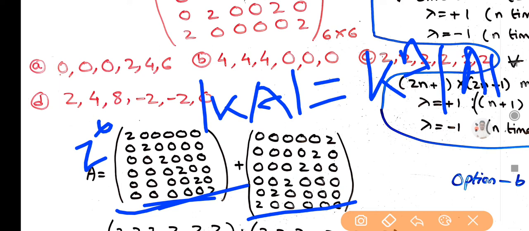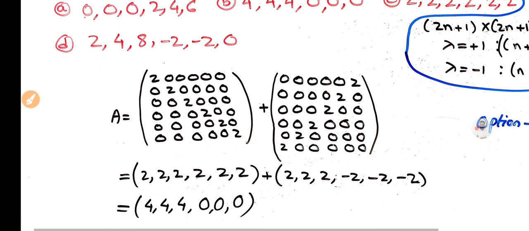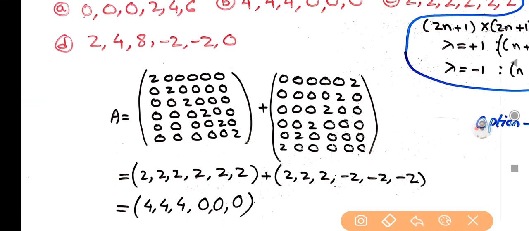This is nothing but that. Okay. So for this matrix, the eigenvalues are 2, 2, 2, 6 times 2. Okay. And this is a rotational matrix. So for this matrix, this is 6 cross 6. That means 3 eigenvalues will be plus 2 and 3 eigenvalues will be minus 2.